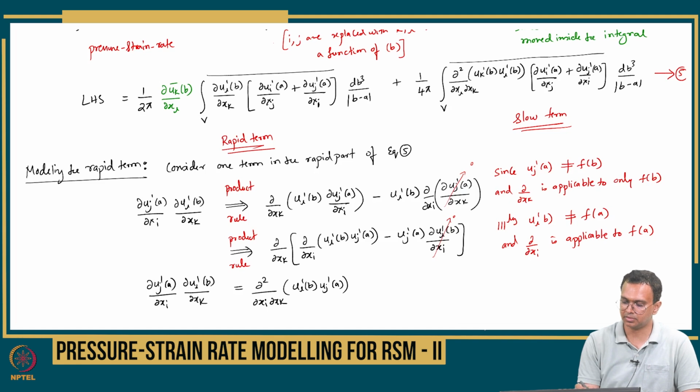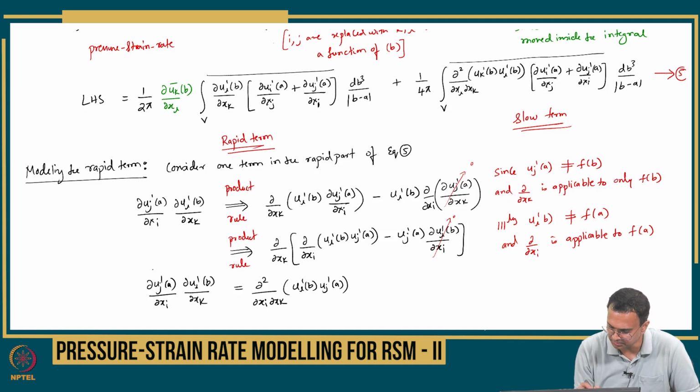Now by applying the product rule twice, I reveal that for each of these terms, if you take one or the other, you can test it is going to be the same. You will get a relationship like this. And there is an average here, right? So this is essentially nothing but this particular term; if I average this, it will be this.